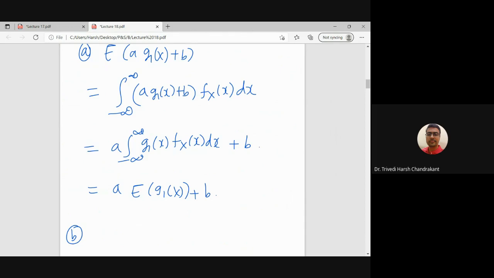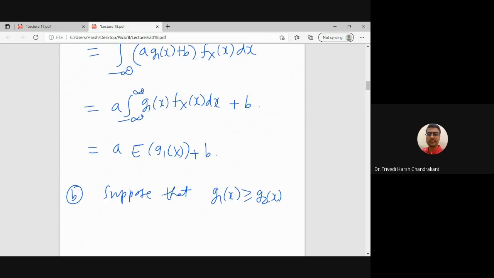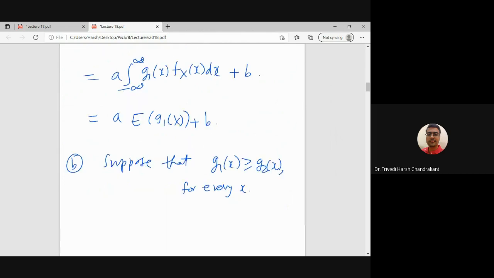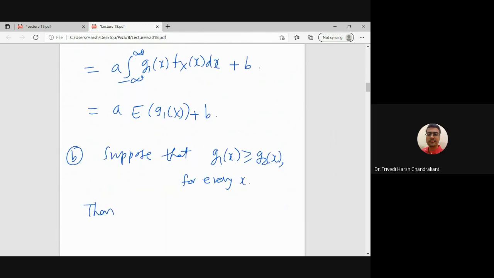So what is given? Suppose that g1(x) is greater than or equal to g2(x) for every x. Then since fx is non-negative, it will not change the inequality if you multiply by fx at each point. So g1(x) fx(x) is greater than or equal to g2(x) fx(x) for every x.